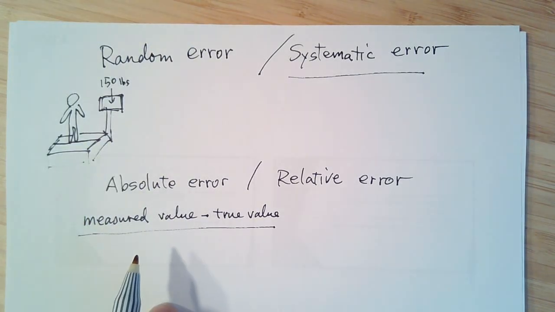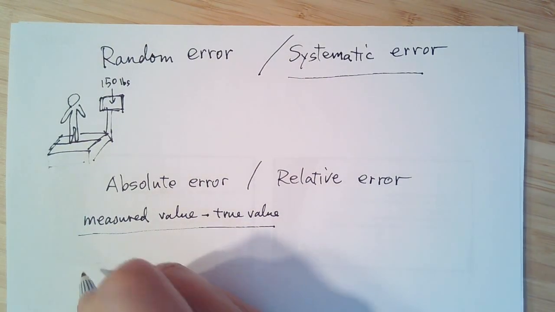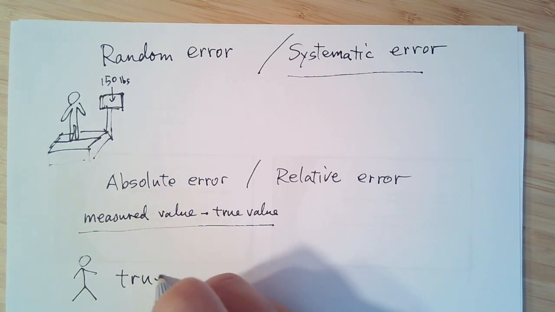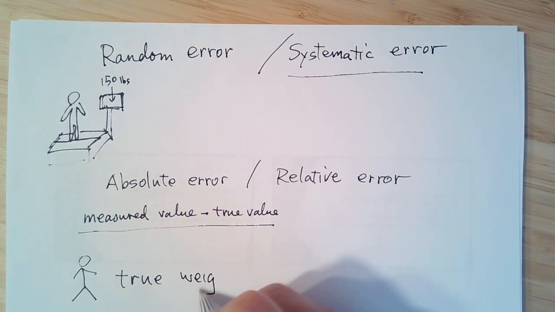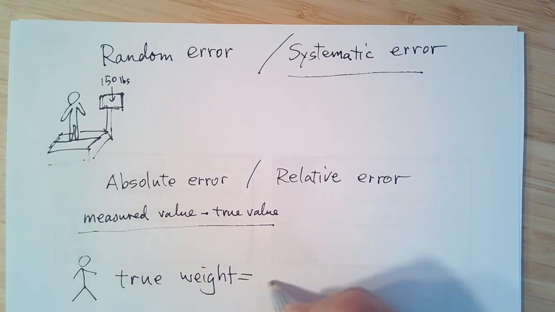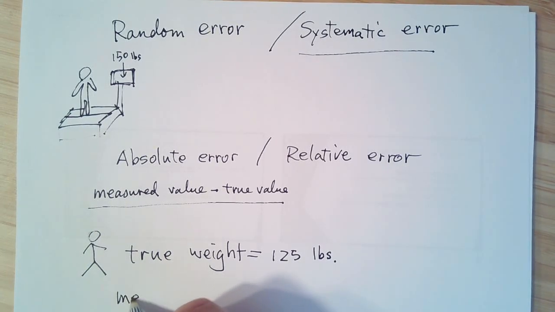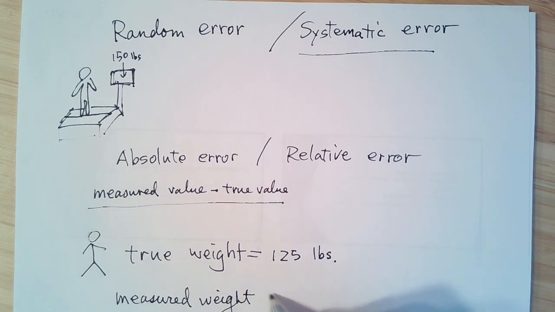Okay, so if your true weight, for example, this is you, and the true weight is 125 pounds, and the measured weight is 130.